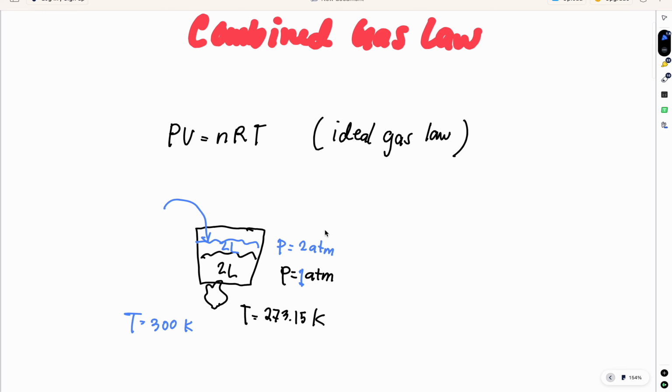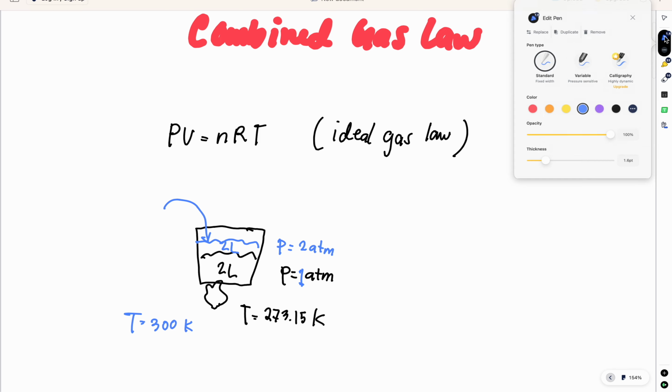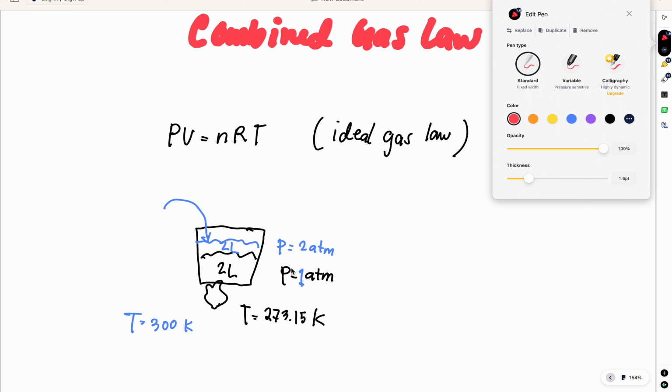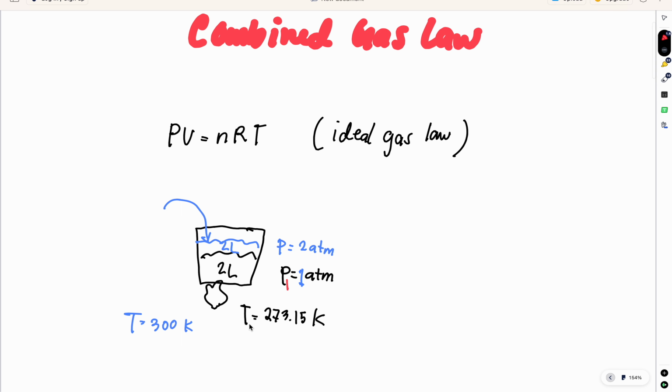You have an initial state. Let's call the initial state P1, T1, and V1. This V1 is 2 liters. And we have the final state: P2, T2, and V2 becomes 2 liters plus the 2 liters you've added, so this is 4 liters.